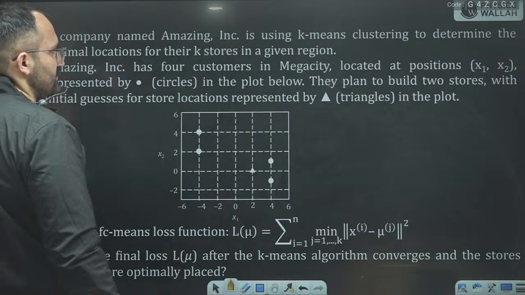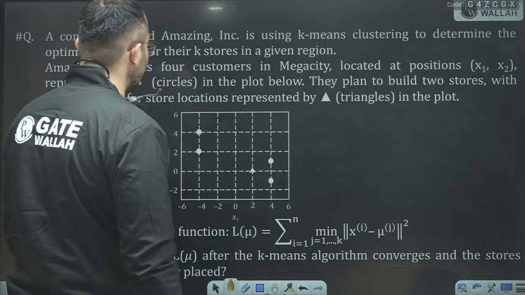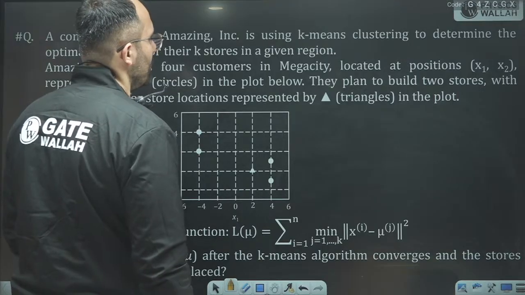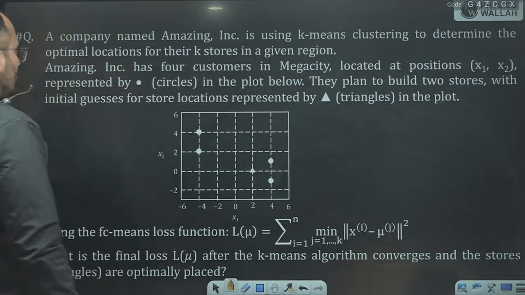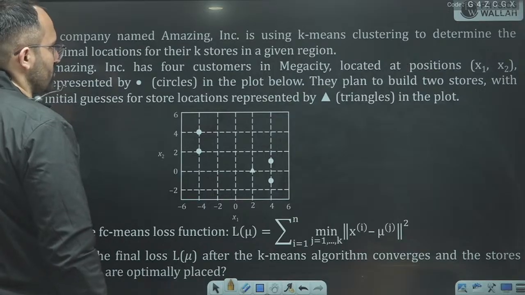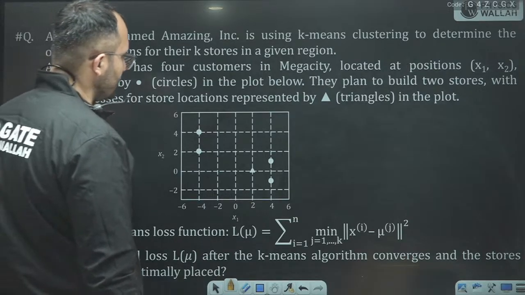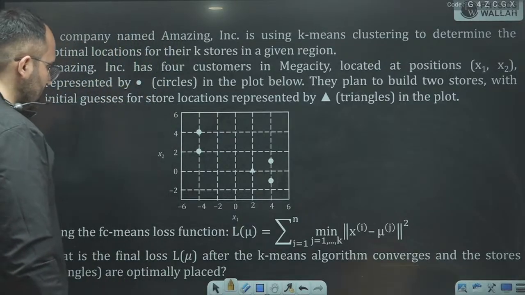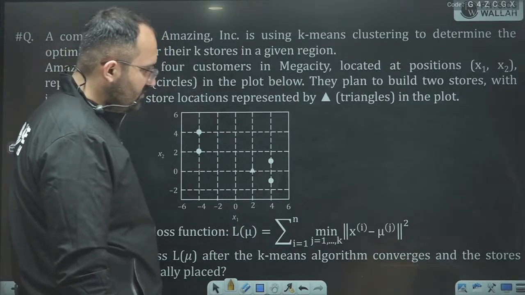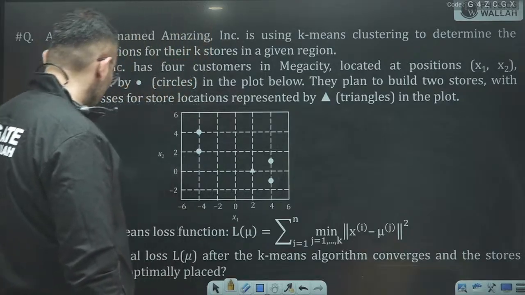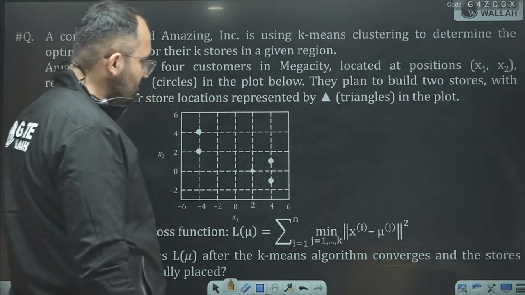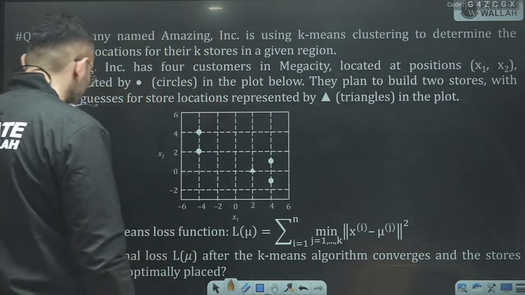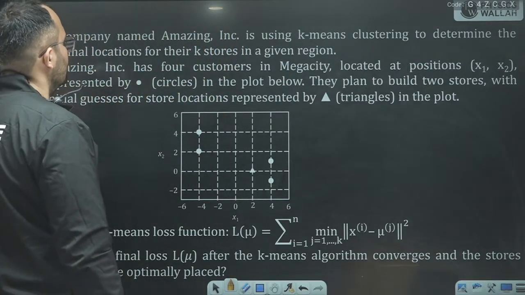It has 4 customers in a mega city located at the points X. They plan to build 2 stores with initial guesses for the store locations represented by the triangle, using the k-means loss function. What is the final loss after the k-means algorithm converges and the stores are optimally placed?